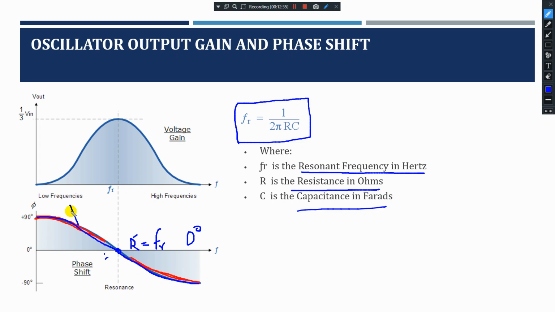This is called phase advance and this is called phase delay. And this middle point you are observing, at 0 degree, is called the resonant frequency, where the two signals are in phase. This is derived from FR is equal to 1 divided by 2 pi RC.